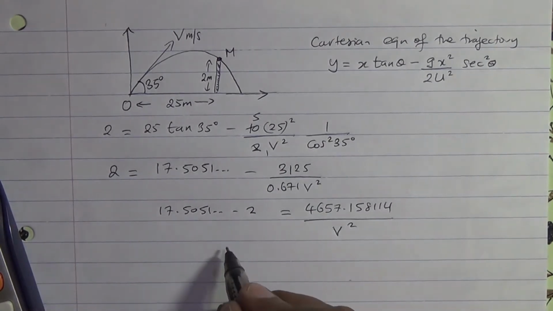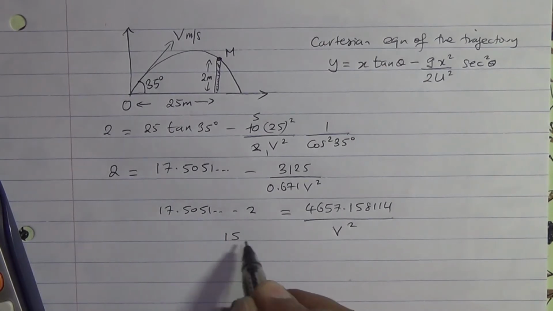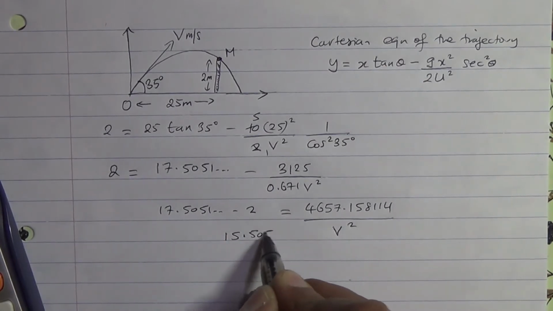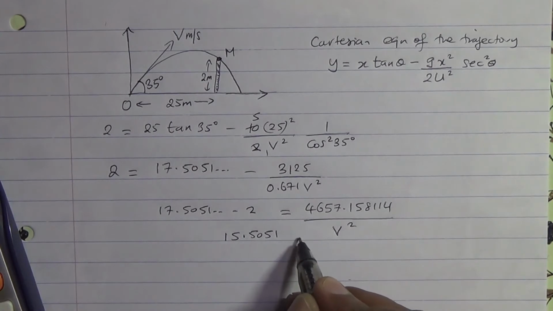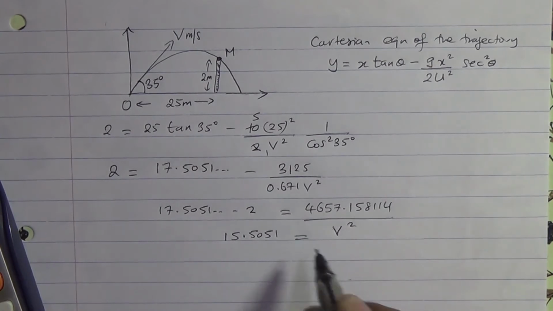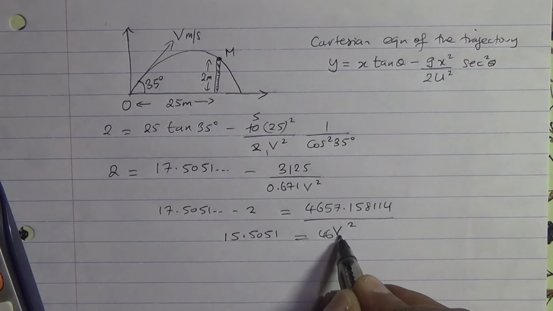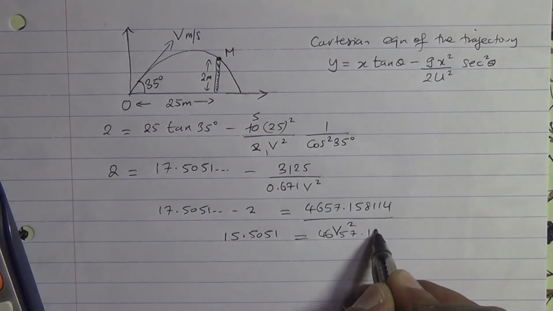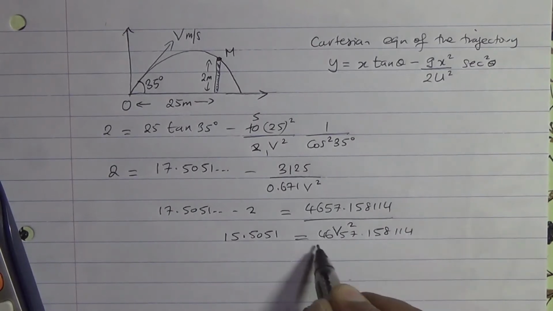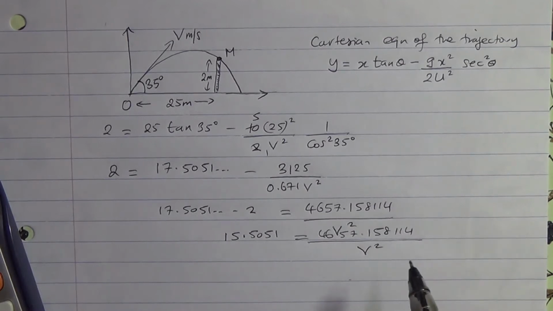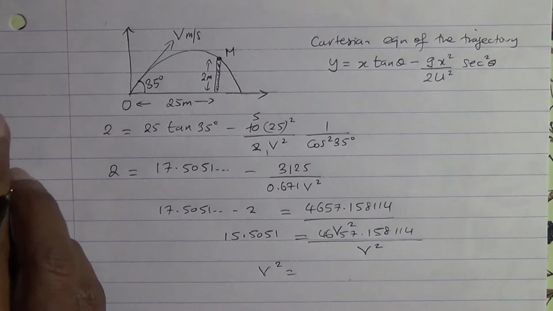This is going to be equal to 15.5051. So v squared is equal to all of that divided by this.